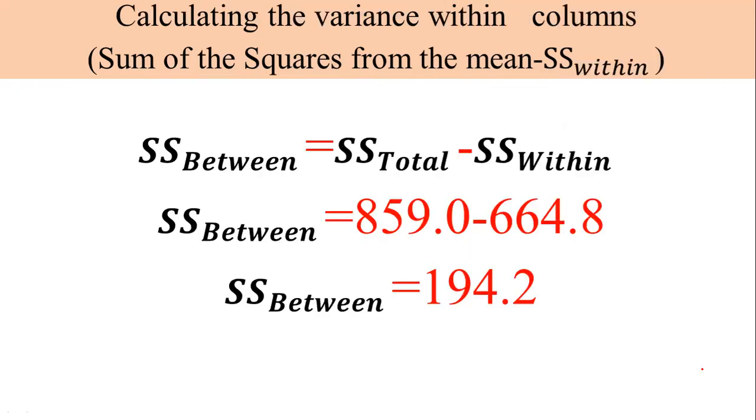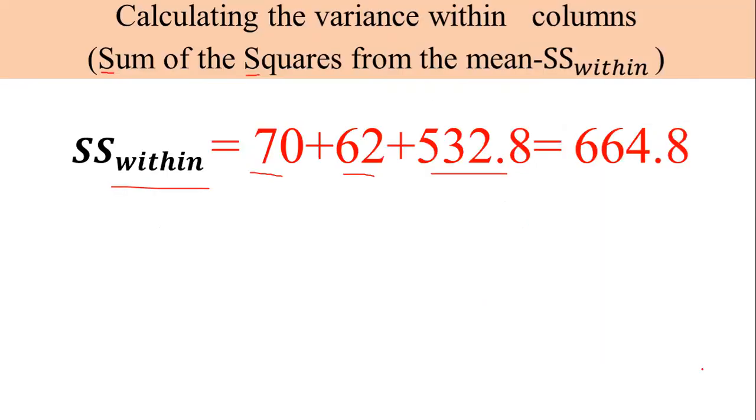How do you get the sum of the squares between? The sum of the squares between equals the sum of the squares total minus the sum of the squares within. And if you remember, for the sum of the squares within, we took the sum of the first one plus the sum of the second one plus the sum of the third one, and we got 664.